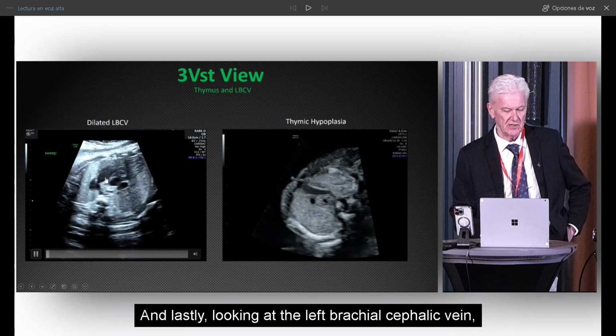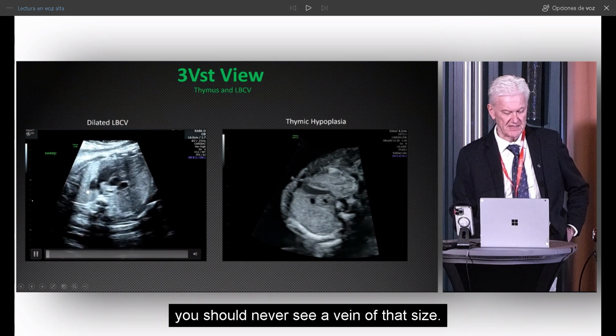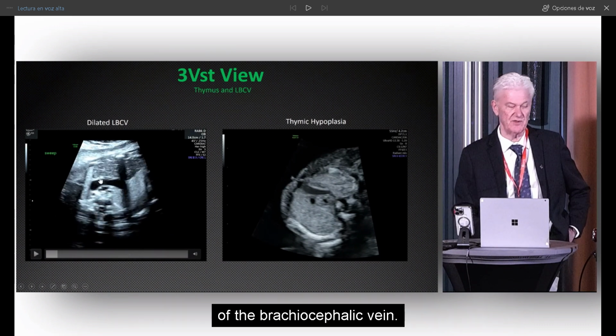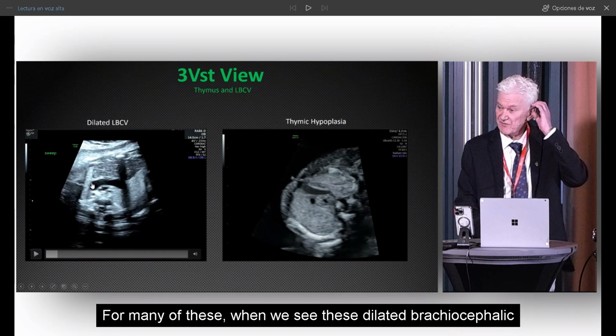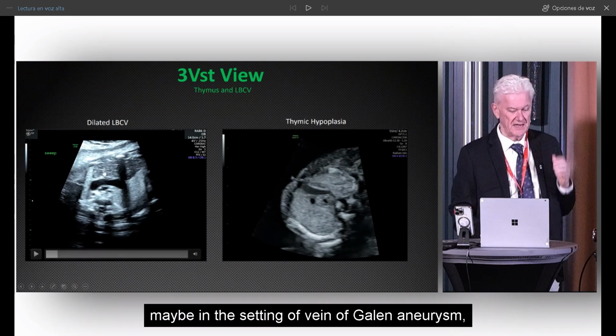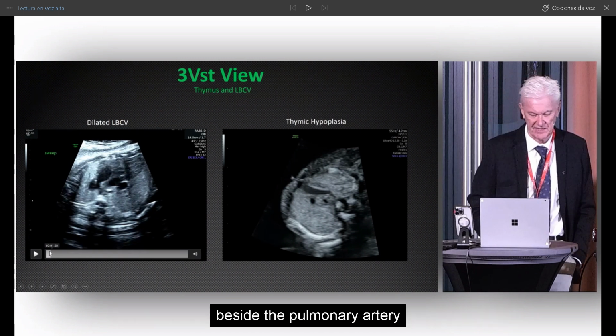And lastly, looking at the left brachiocephalic vein, when you come up in this fetus, you should never see a vein of that size. You should be familiar, in a sense, with what the size of the brachiocephalic vein is. For many of these, we see these dilated brachiocephalic veins in the setting of severely growth-restricted babies, maybe in the setting of vein of Galen aneurysm, but I've already told you there shouldn't be an extra vessel beside the pulmonary artery.